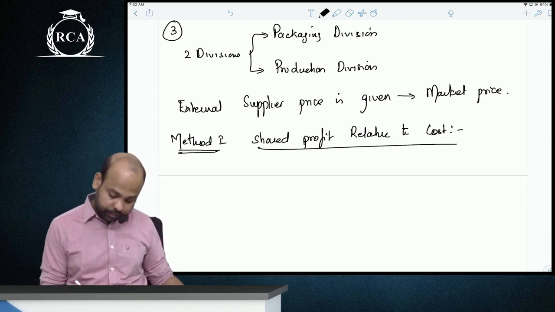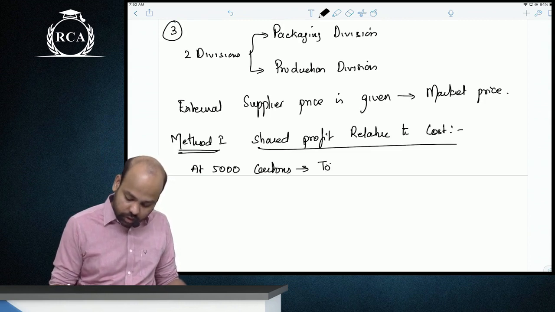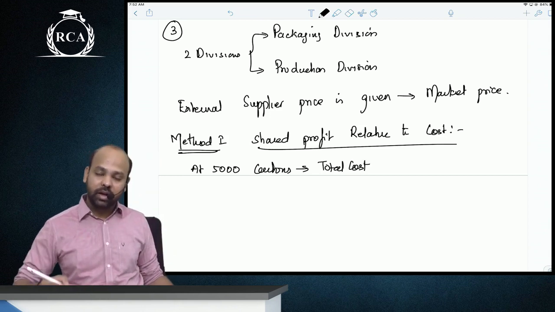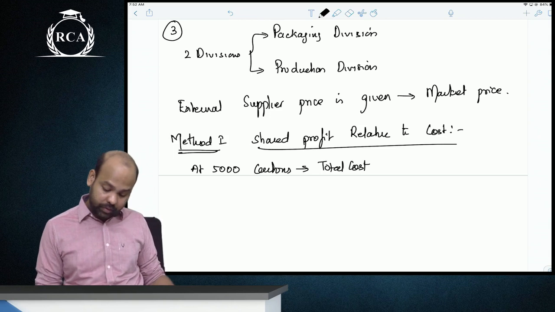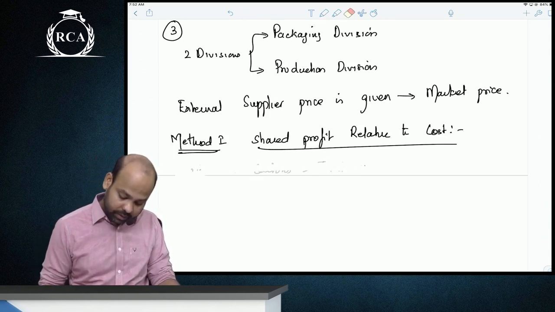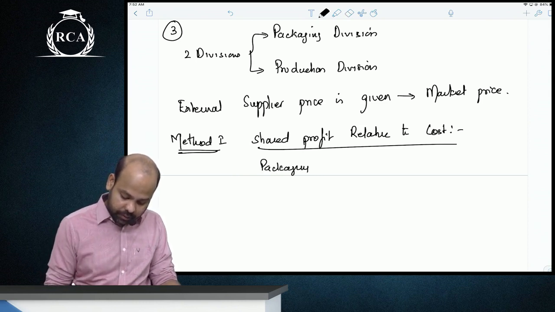At 5,000 cartons, what is the total cost incurred by the divisions? I will present it like this: there is the packaging division, there is the production division, and then the total.